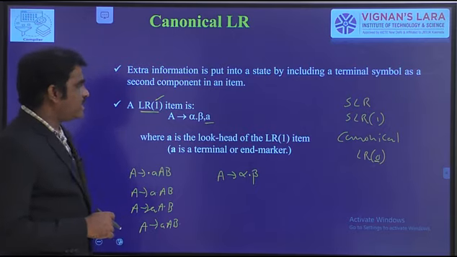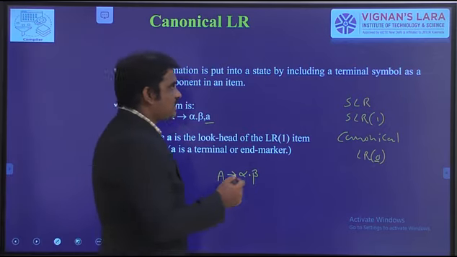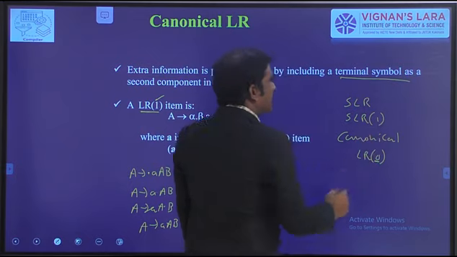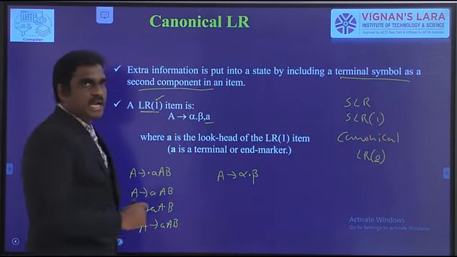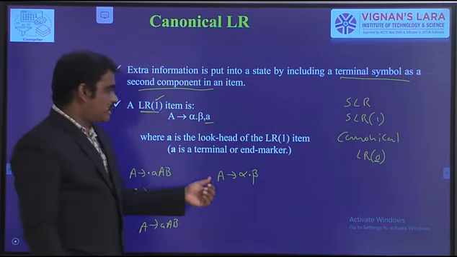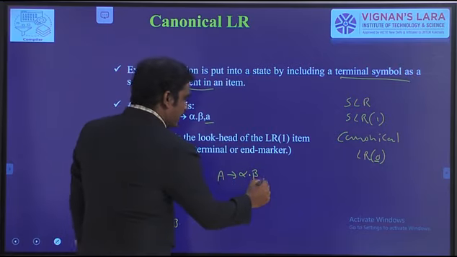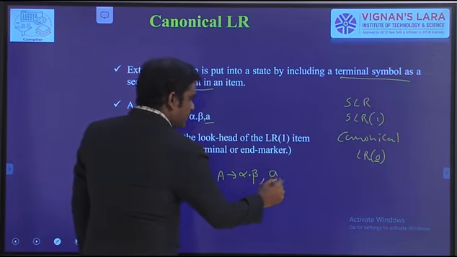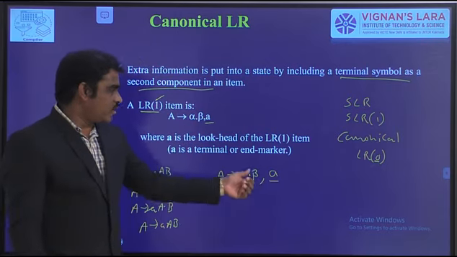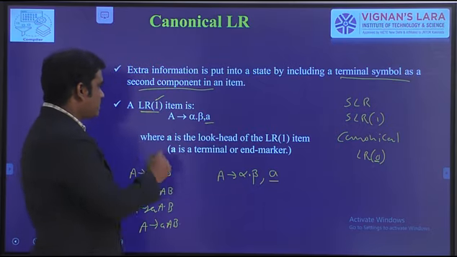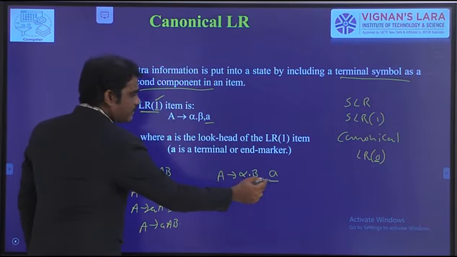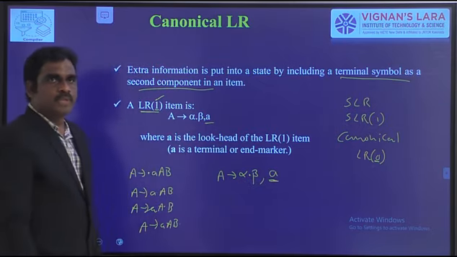But here we have to add one new extra symbol. We have to include a terminal symbol, say a, as the second component in an item. Suppose it is the production, then here we have to add one new symbol, that is a. This is the lookahead symbol, and the lookahead symbol is 1. So LR of 1, this 1 means nothing but the lookahead symbol.